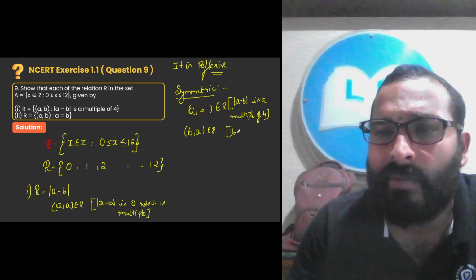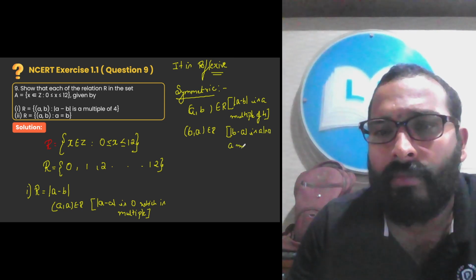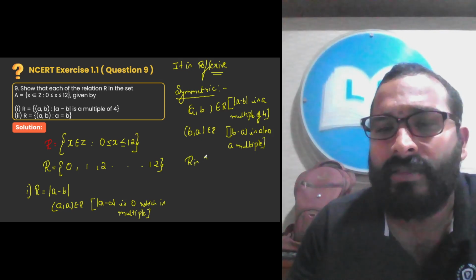True, children? Very simple logic. So (A, B) and (B, A) both belong to the relation. That means both obey the relation. So R is symmetric. Yes or no, children?